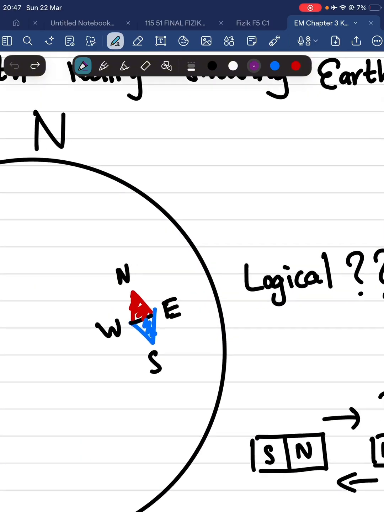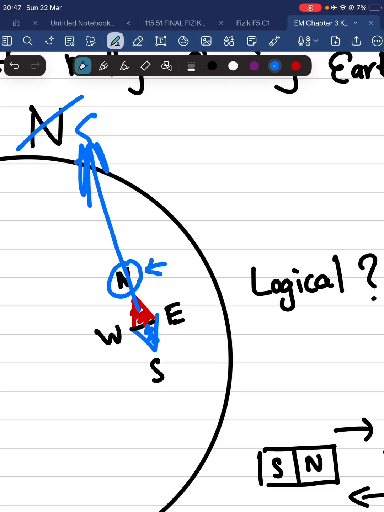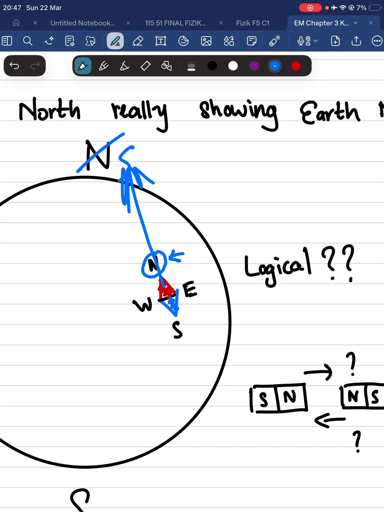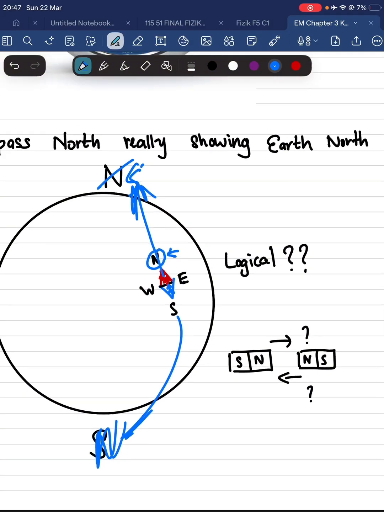So this is the compass, and the compass will show the direction of the south pole, because the north pole of the compass is attracted to this, and the south pole will be attracted to the north pole. Okay, so that's the thing.